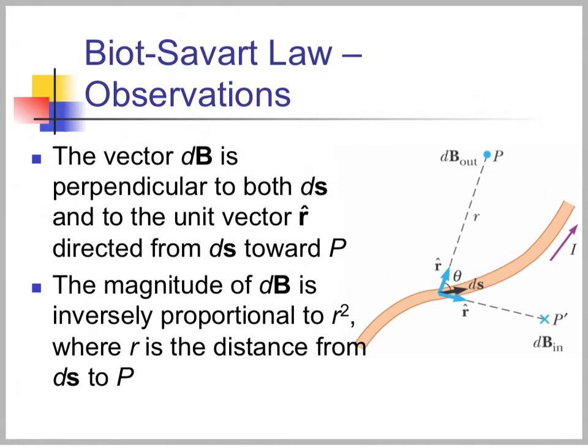The vector dB is perpendicular to both ds and the unit vector r hat, where r hat is a vector that's directed from the current element pointed to the place where we want to know what the field is, P. And the magnitude of dB is inversely proportional to r squared, where r is the distance from the current element to P, the place we want to know the magnetic field.